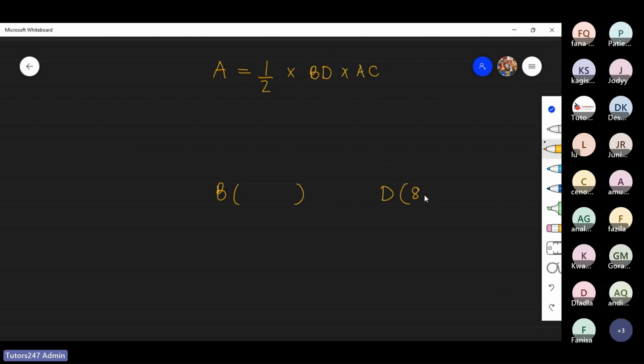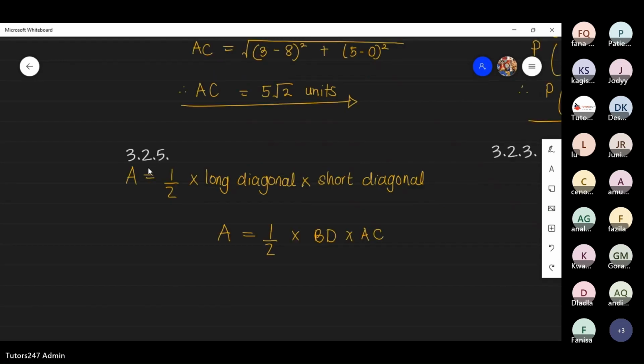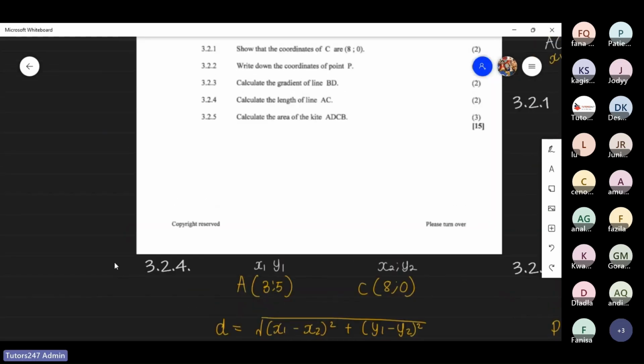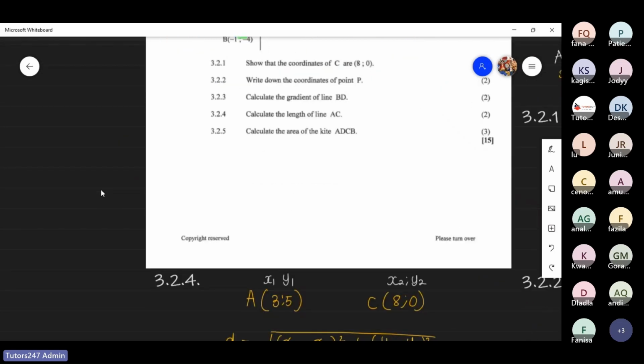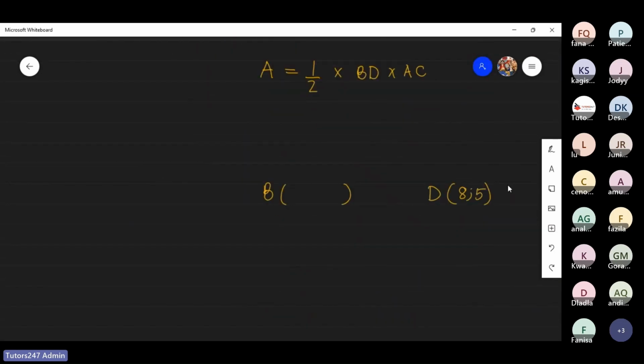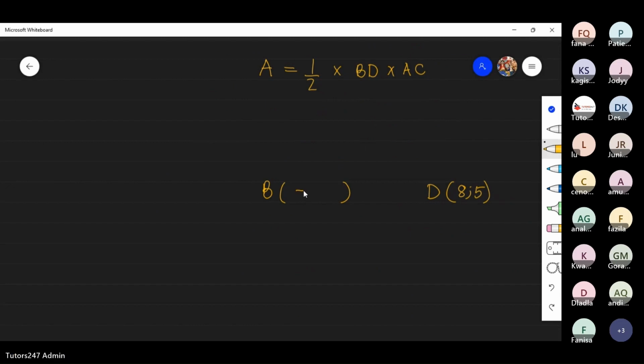I think D was (8; 5). Let us go and have a look at our coordinate of B. So the coordinate of B is (-1; -4). Let us calculate the length now. Our distance formula is the square root of (x1 minus x2) squared plus (y1 minus y2) squared.